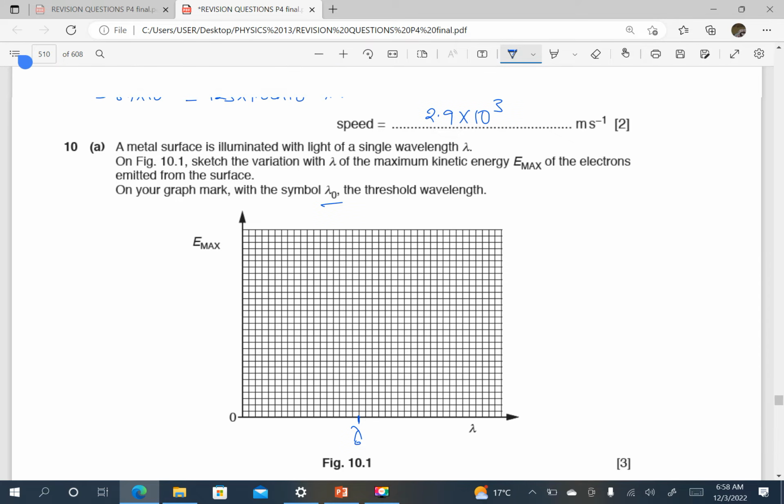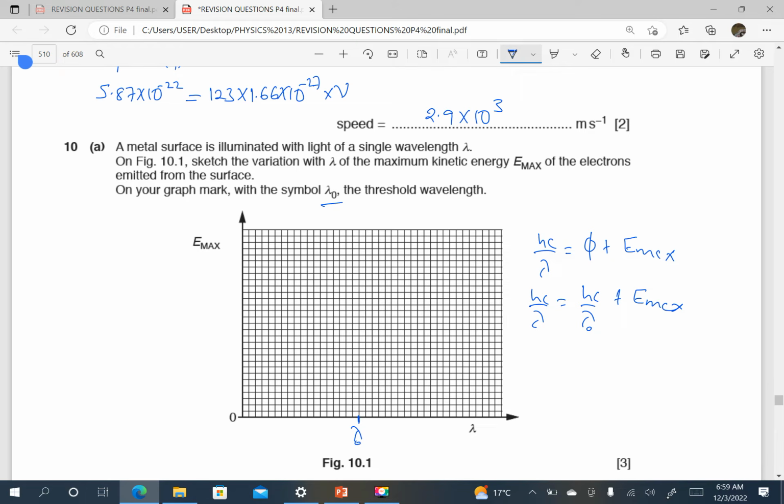From Einstein's equation, we know that hc over lambda is equal to the work function phi plus Emax. I'm making Emax the subject, but even if I don't do that, hc over lambda is equal to hc over lambda naught, that is the work function, plus Emax. Suppose 1 over lambda is the same as 1 over lambda naught.